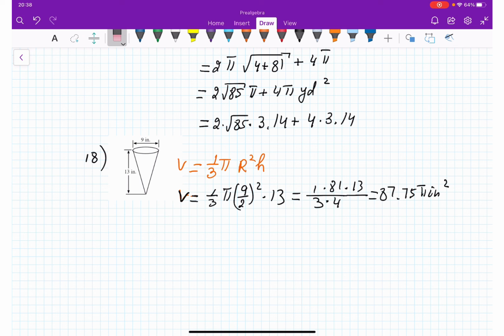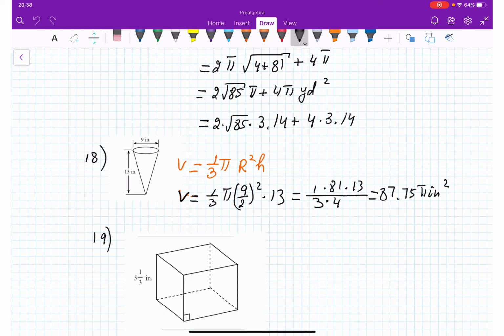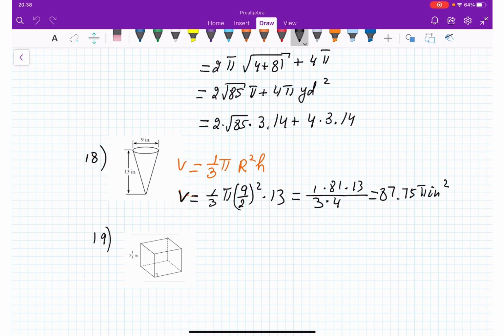All right, copy, and I am pasting here number 19. Let me make it smaller. And we can solve.